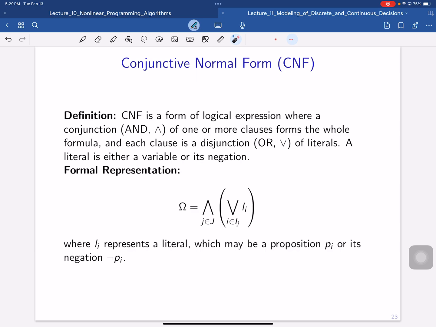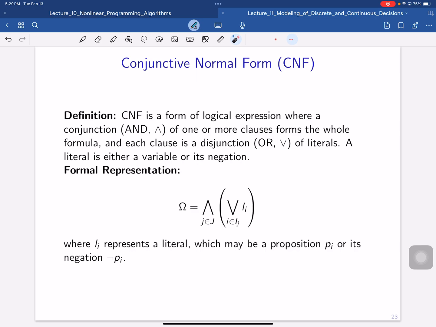Okay, so in order to do that, we are going to introduce a concept called conjunctive normal form. The reason we want to introduce it is because conjunctive normal form can be easily represented as integer constraints. So that's number 1.